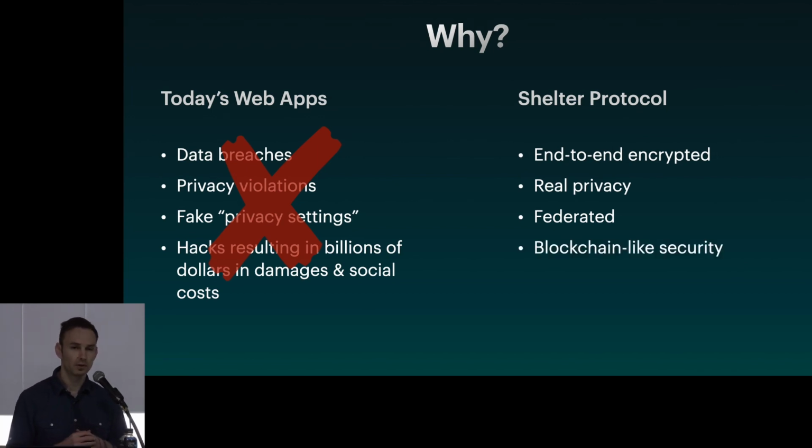Shelter Protocol gives you not quite blockchain security, but very close to blockchain security. It gives you blockchain-like security, the kind of security that people expect with having a private key. But it does this without requiring a blockchain. We use something called contract chains. It's somewhat similar, but it's also very different.